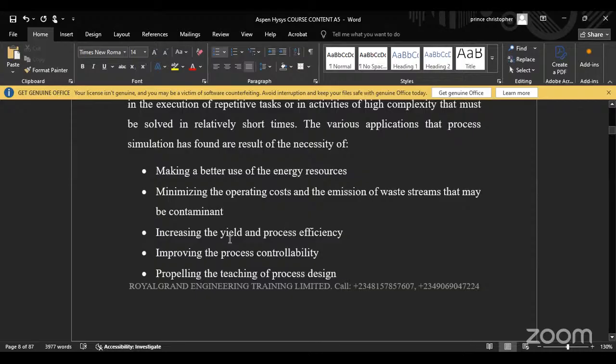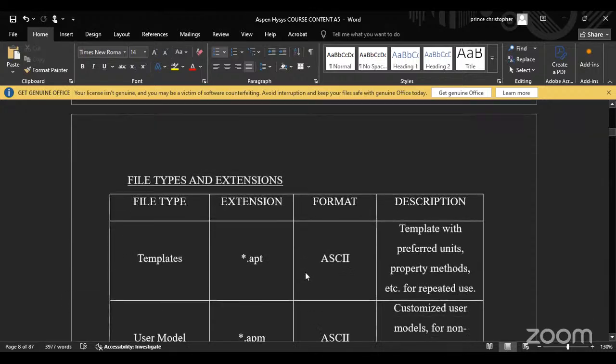So with Aspen Hysys, you could run a series of scenarios and understand which is optimal for your system: what process, what composition, what thermodynamic property will give you the best yield you want for your process. And it's also improving the process controllability and propelling the teaching of process design, basically what you are learning now.